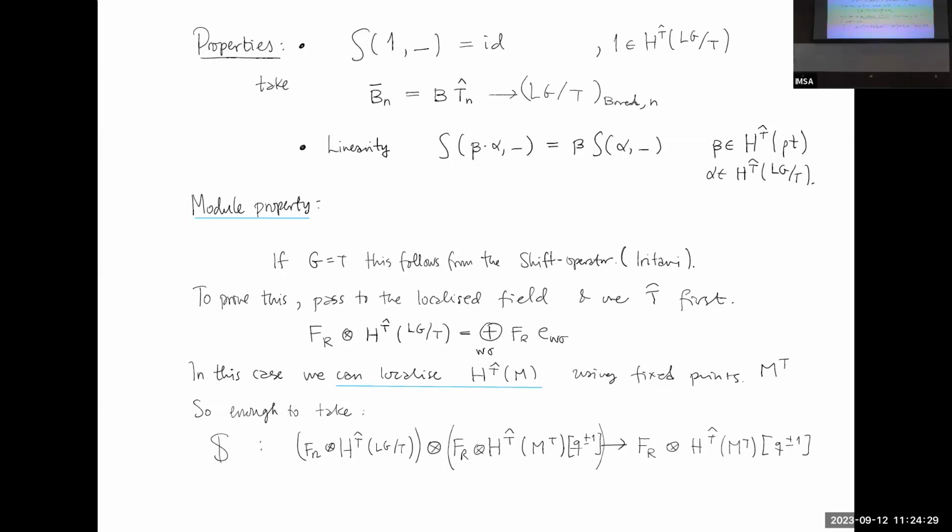And so this construction gives you, essentially, the action that I was thinking of, at least for the torus T hat that I have. When you want to prove the module property, of course, you want to see that the map gives a module structure of the quantum cohomology over the ring of the homology of the affine flag variety, then it gets a little bit tricky.